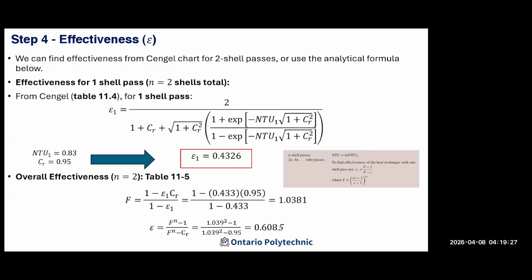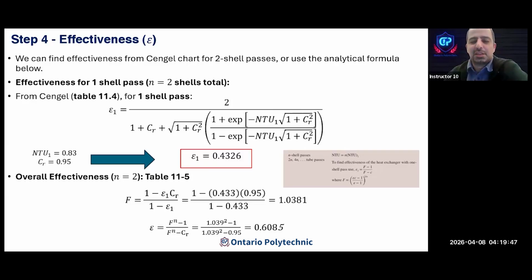About the table, when we are using the effectiveness-NTU method, does the type of the shell and tube, like being co-current or counter-current, matter or not? Yes, in some cases it's very important to identify whether it's parallel flow or counter flow, because different relations are given for each configuration.